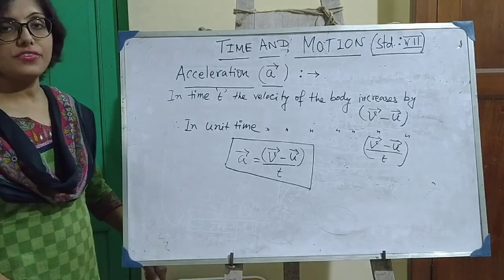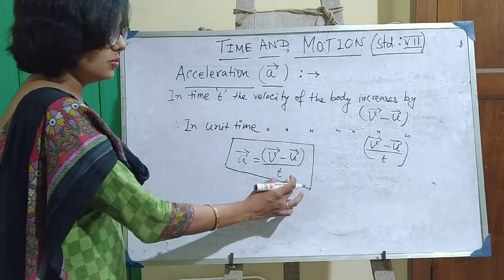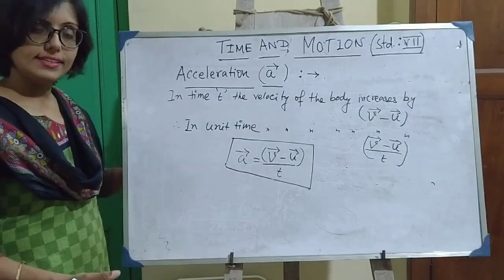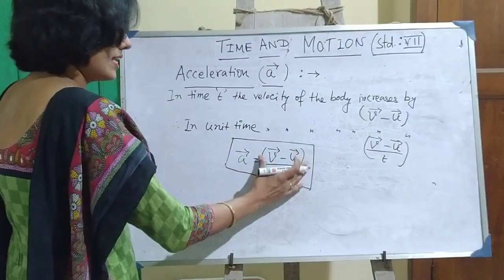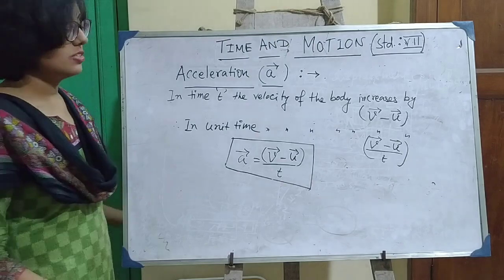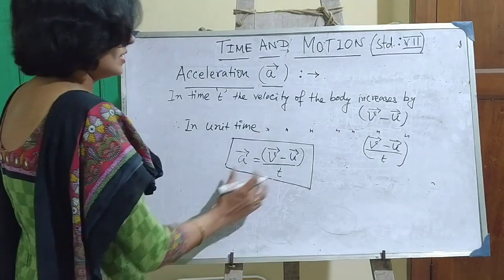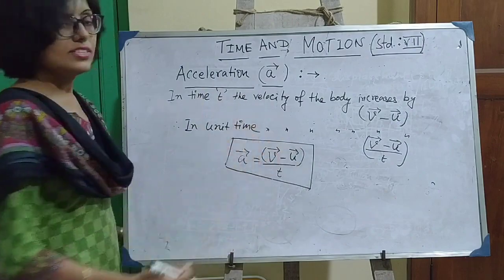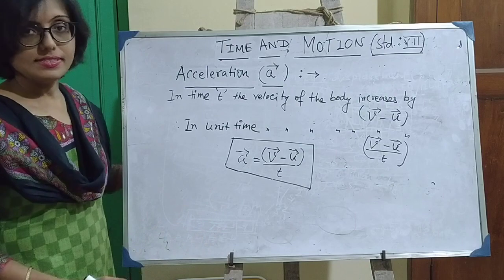Okay, so what is the definition? The increase in velocity of the body in unit time is known as its acceleration, or you can also write that the rate of increase in velocity of a body is known as its acceleration. Clear? In the numerator, v minus u is there, and in the denominator t, which represents the time.